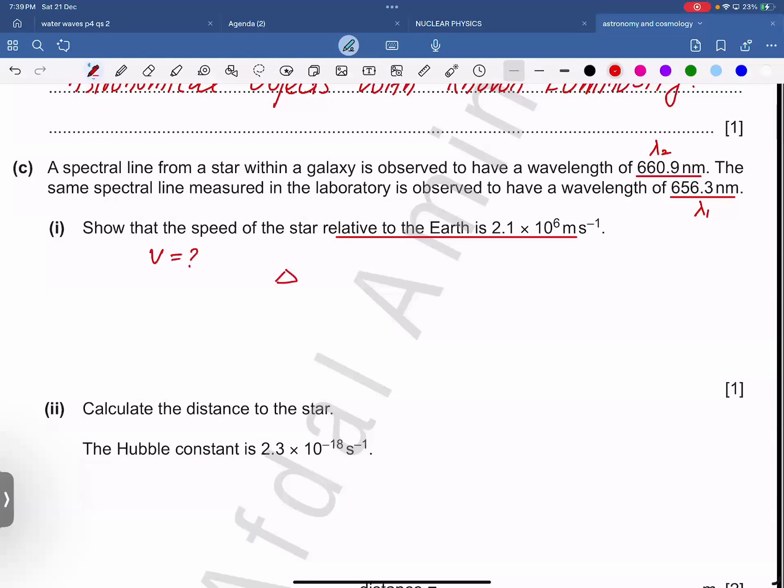So the rule was delta lambda over lambda equals v over c.